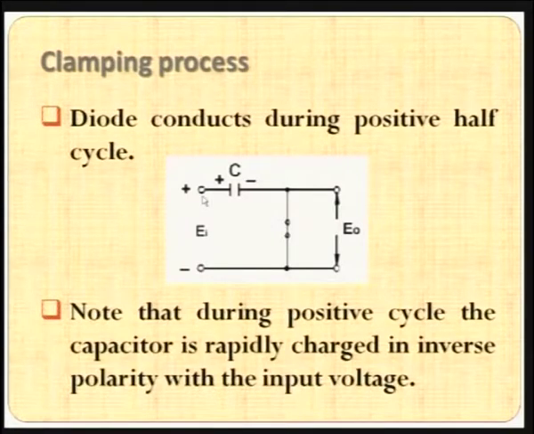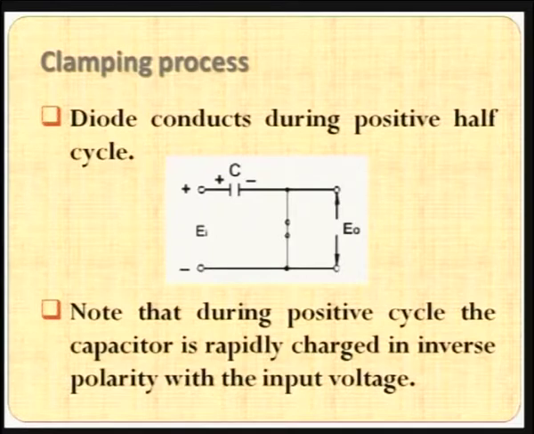So, the transient condition is taken: this terminal is positive, and the diode is in the on condition. So, there is a closed circuit, a connection is made here, and the current flows. At that particular instant, this end will be negative. Note that during the positive cycle, the capacitor is charged rapidly with inverse polarity to the input voltage.